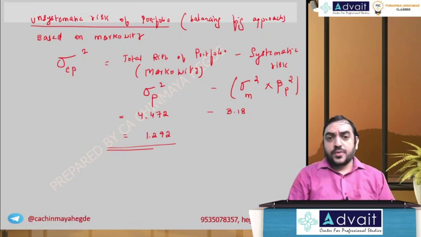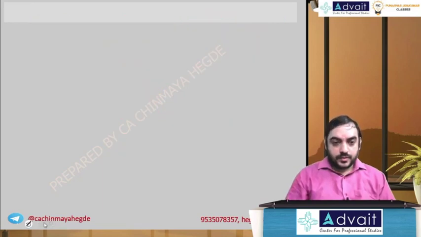Okay, hope you have taken down. Now let's calculate unsystematic risk using Sharpe method. Okay. Unsystematic risk.